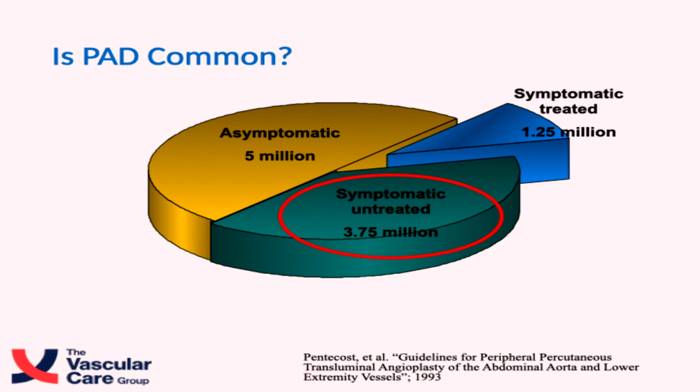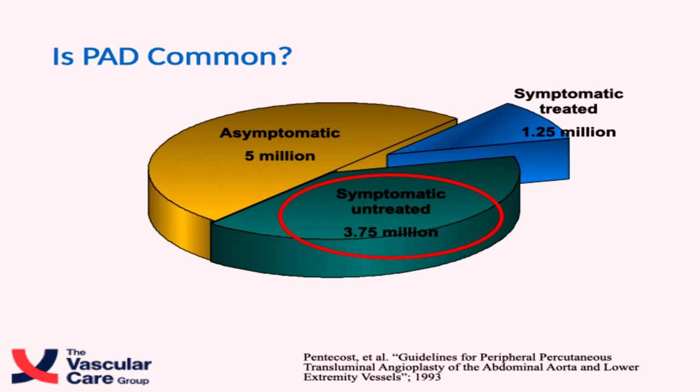The concerning part here is this portion were untreated, meaning they had symptoms and they either never made it to a physician or were never properly diagnosed with their condition. These are the ones that we need to help identify, either by advocating for yourselves or my job to educate PCPs and other clinicians to help refer them to the correct location.